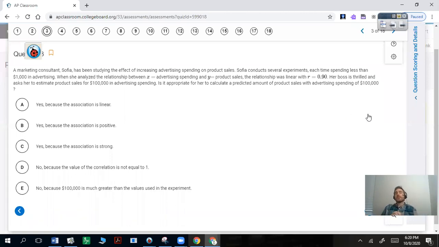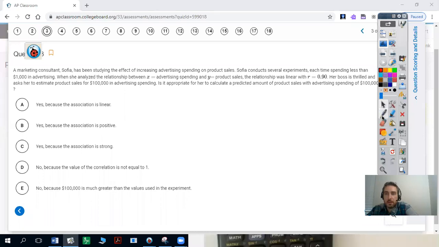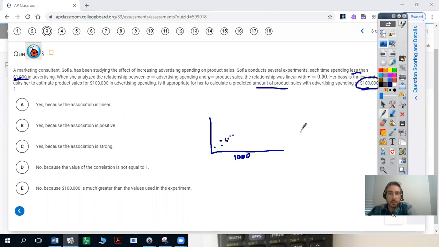Okay, so when we're looking at this problem, one thing stands out. I had to reread it. She's doing numbers with less than $1,000. So she's doing all these predictions, $1,000 here. And then she wants to go ahead and predict amounts with $100,000.